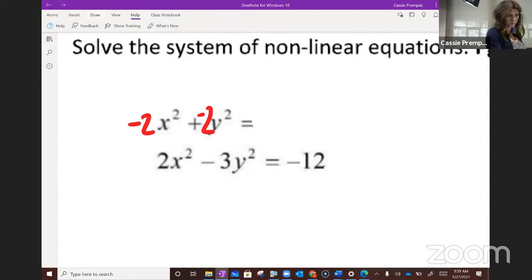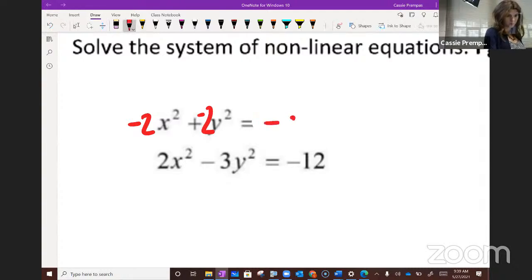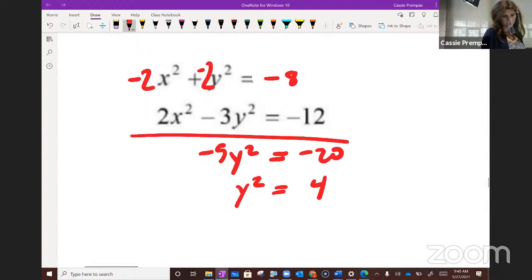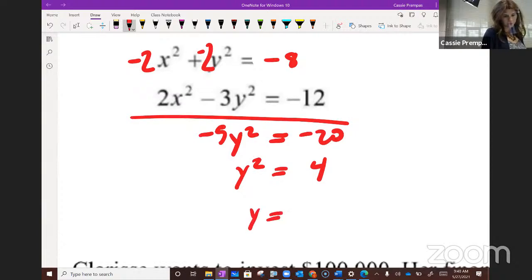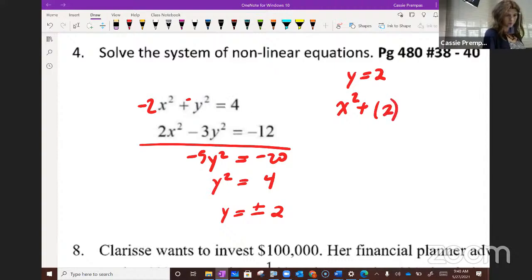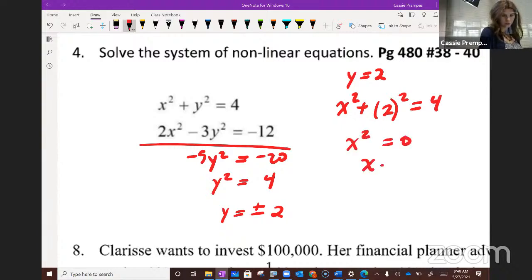So which one do you want to do? Just one. So then you get negative 2x squared minus 2y squared equals negative 8. So then you have... Just cancel that out, and then you get negative 5y squared divided by negative 5.